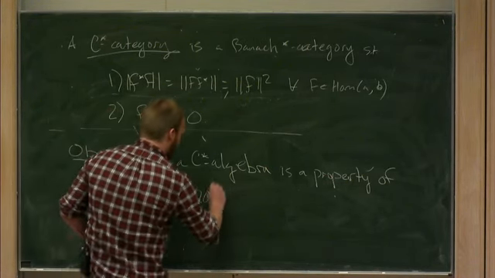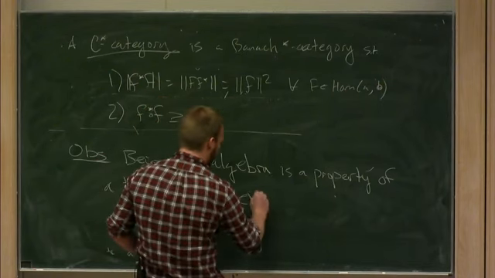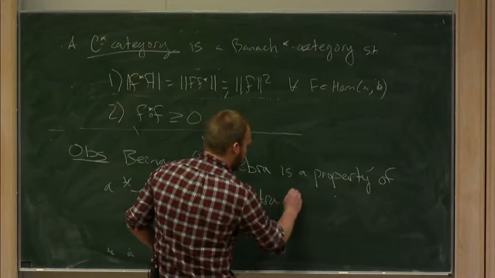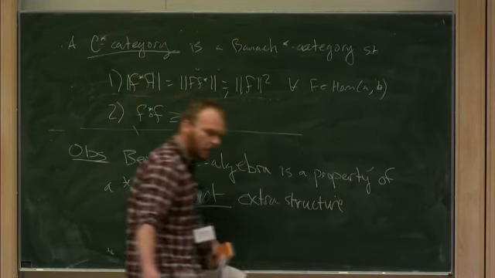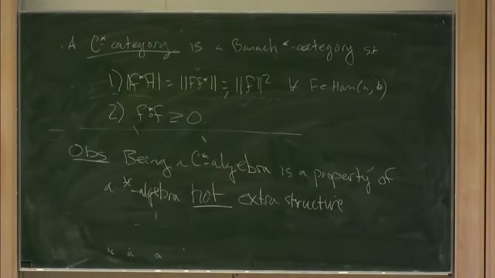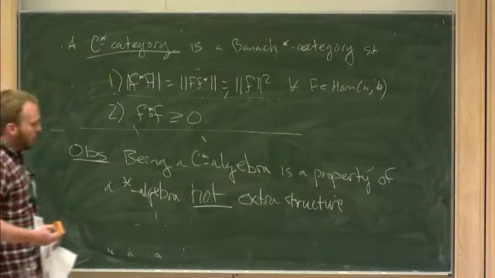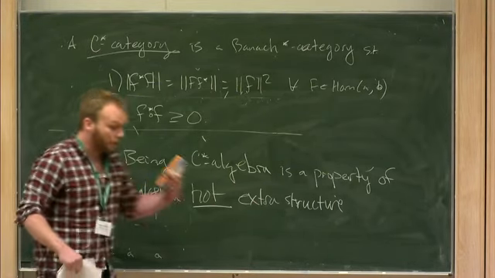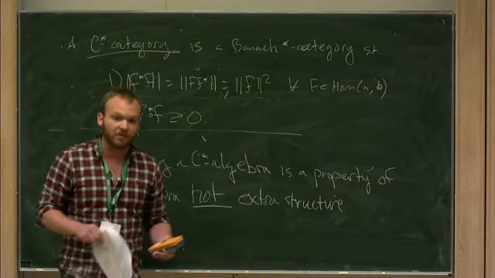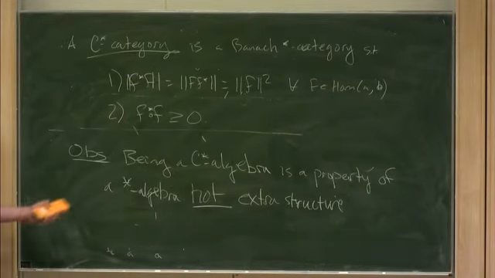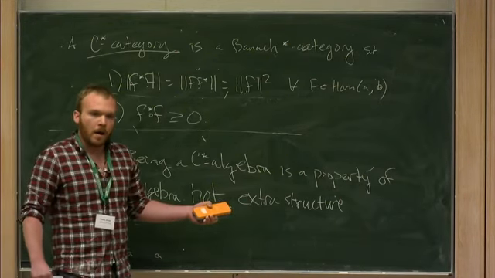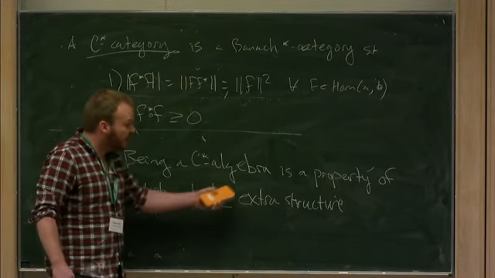This is kind of counterintuitive, especially for those of you who maybe know the definition of a C-star algebra but don't know the whole theory. When you define a C-star algebra, you say it's a Banach star algebra, so I automatically have to put this Banach structure on the algebra. Well, it turns out that if you have a star algebra, being a C-star algebra is a property.